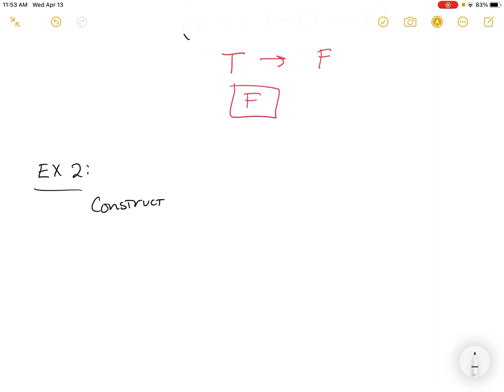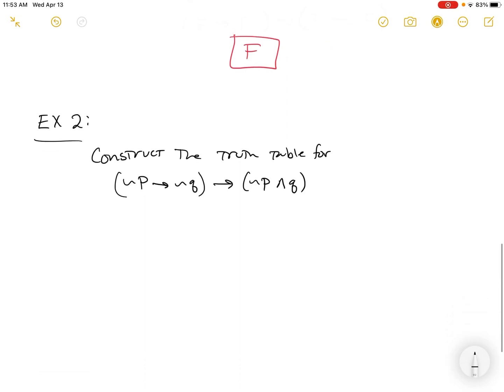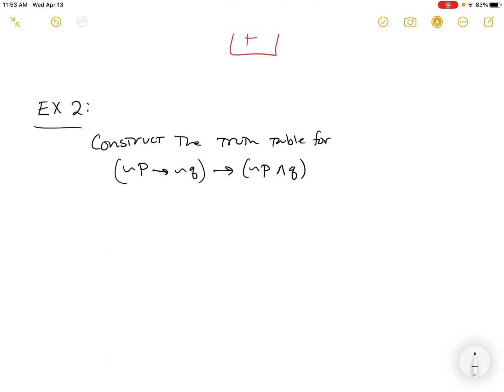Construct the truth table for, and here's the statement, not P implies not Q implies not P and Q. Okay, and so we're going to have our truth tables on our side potentially as we go through, but we needed to construct the whole truth table.